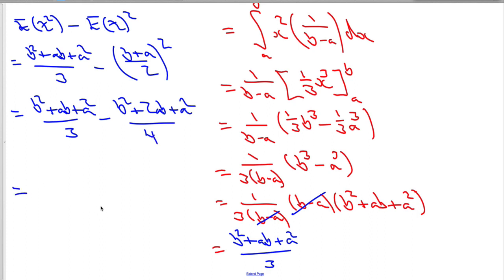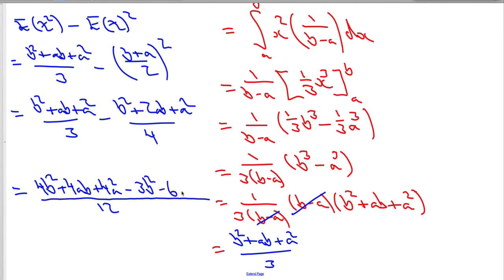Okay, our common denominator here is going to be 12. So I need to do 4 times all of this. So I get 4b squared plus 4ab plus 4a squared. And I need to do 3 times all of this, minus 3b squared minus 6ab minus 3a squared.